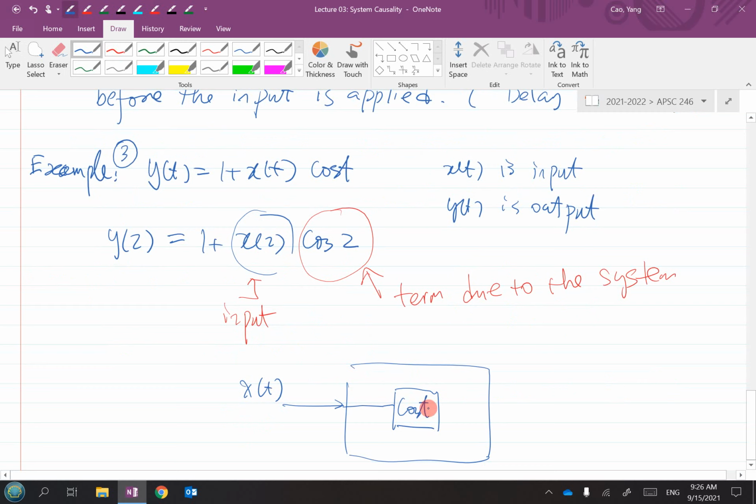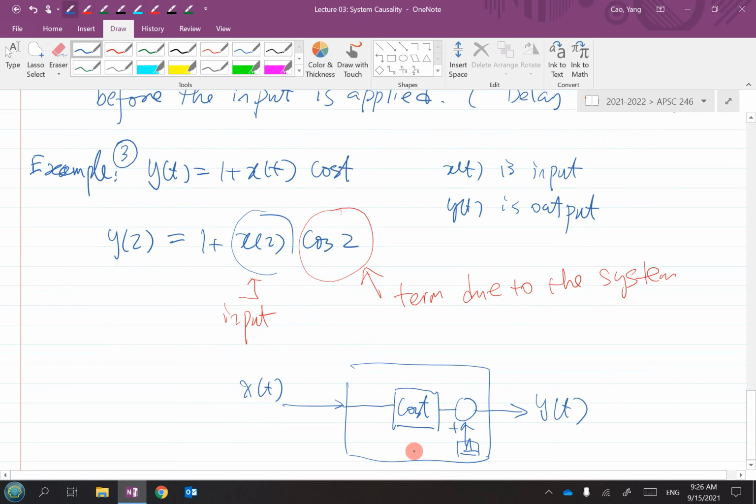This box is multiplied by the input value x of t, and then you have, let's say, a junction here with a constant 1, and that produces the output y of t.